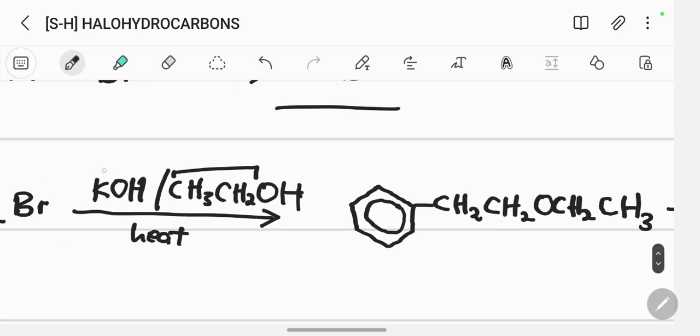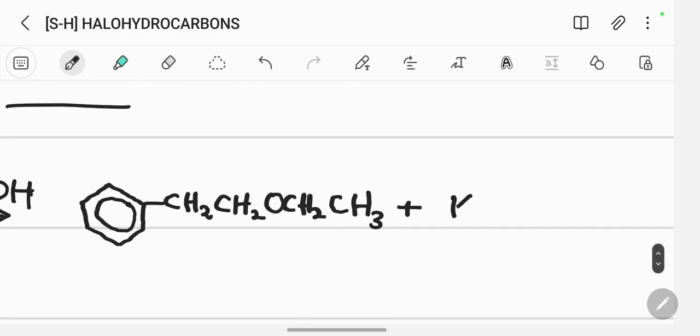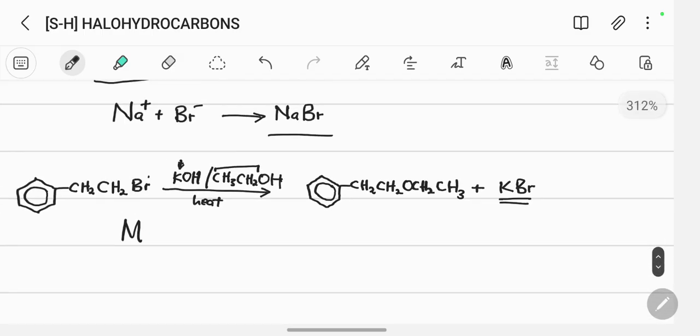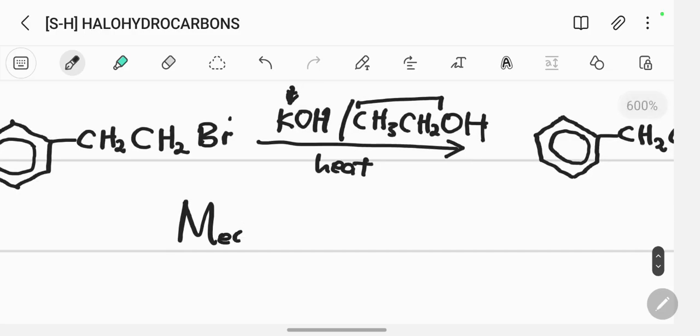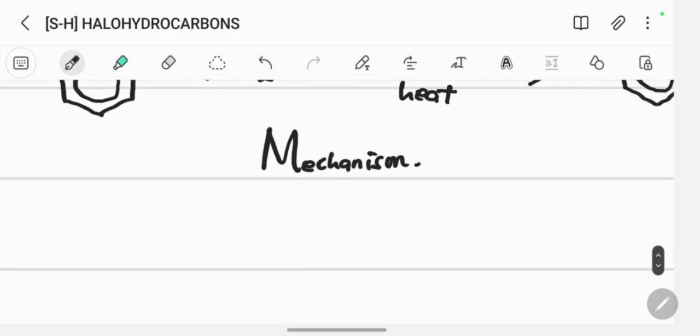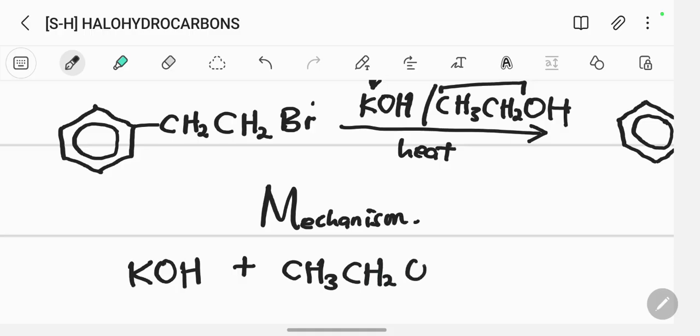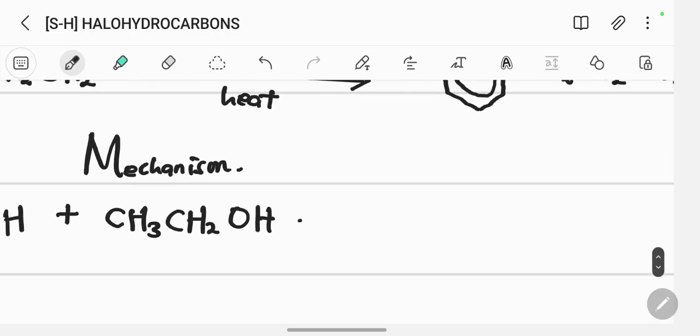Now the potassium will react with the bromine to give us potassium bromide. The only unique part in the mechanism, which it's not as unique as such, is that potassium hydroxide is going to react the way sodium reacted with alcohol, to form a salt and water.